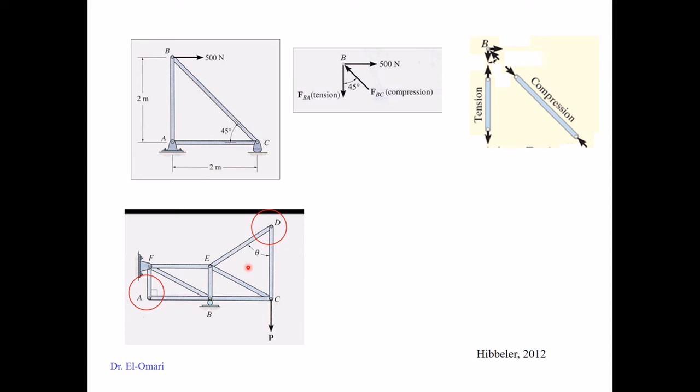Why do we use zero members then? It is for stability purposes. If any unforeseen forces come to the structure, then these members can take these forces.